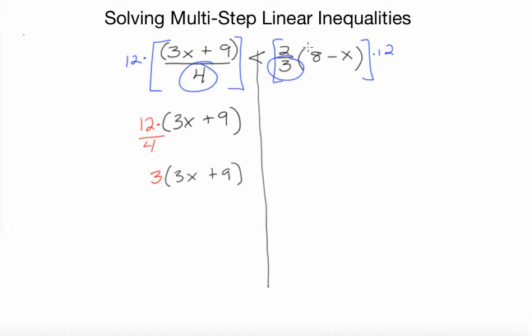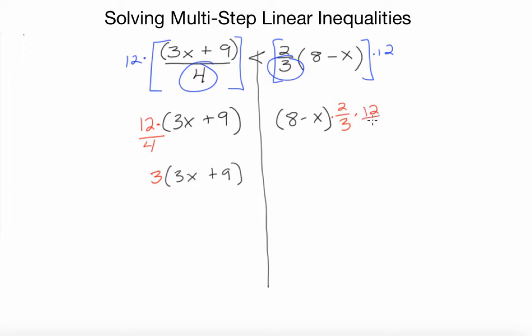So this 12, notice I also have the whole fraction 2/3. All of that is happening in front of the parentheses. One way I can rewrite the right side is: I have 8 minus x, being multiplied by 2/3. Let's put that 2/3 at the end. It doesn't matter the order in which I multiply things. And then I'm multiplying that by 12.